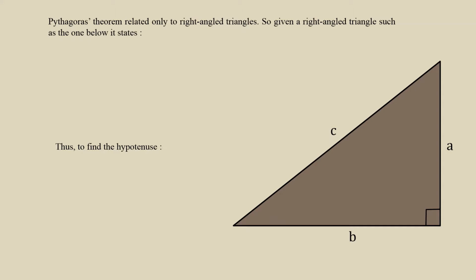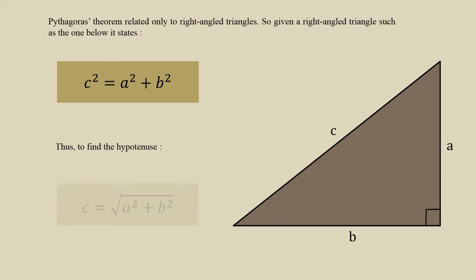Given a right-angled triangle such as the one below, this is the formula: c square equals a square plus b square, where a is the vertical one, b is horizontal, and c is the hypotenuse. So to find the hypotenuse, c equals square root of a square plus b square.